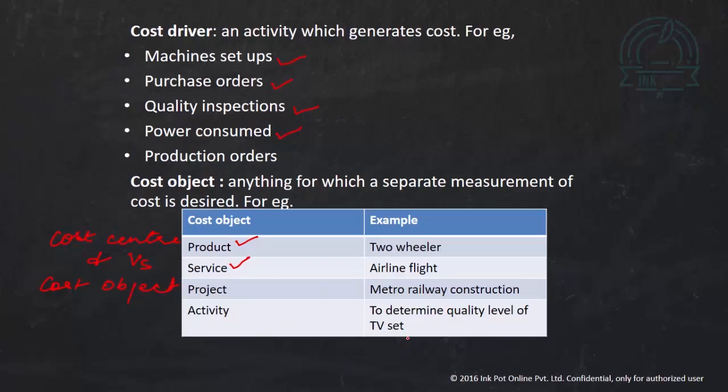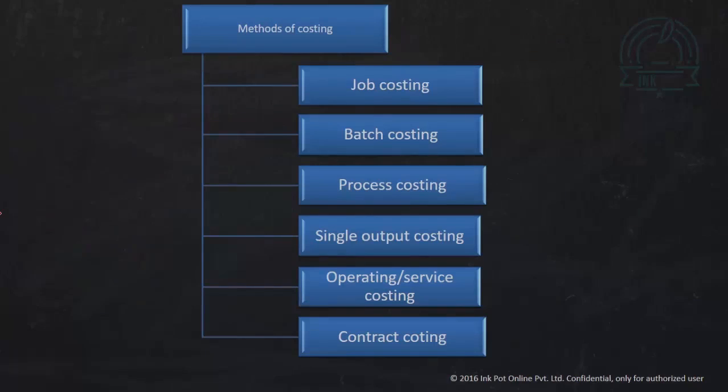Now there may be several departments involved: we cut the wood, we assemble the desk, then we paint the desk. These different departments will be cost centers. First we calculate the total cost involved in each cost center, and then we compile it to calculate the cost of the object. So cost center is a narrower term than cost object.